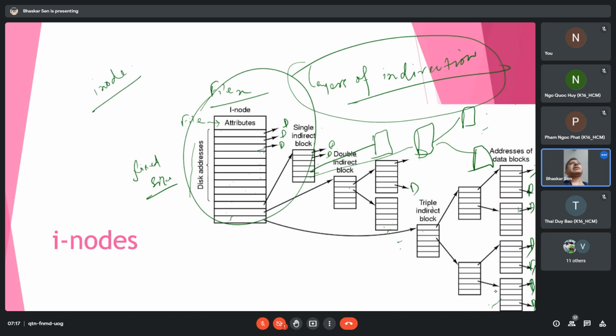Remember, first of all, you have an inode number. The inode number is supposed to bring you right here. But when the file system tries to access the inode number, what it gets is basically an array.